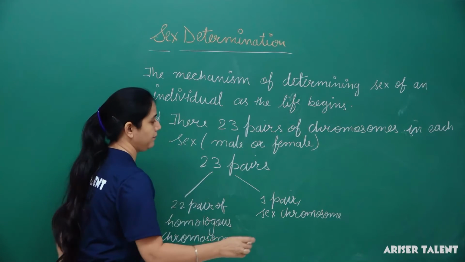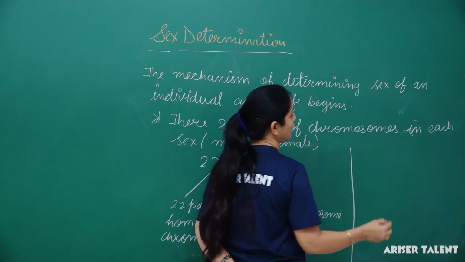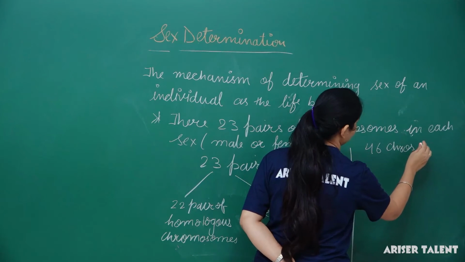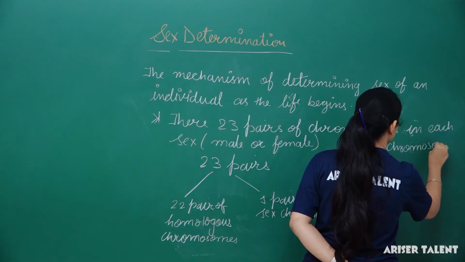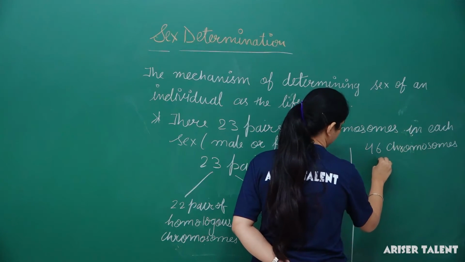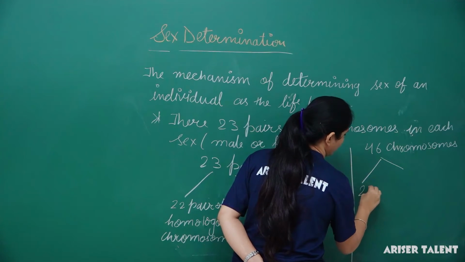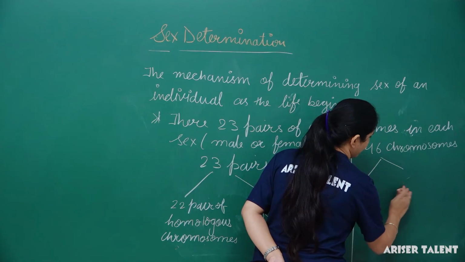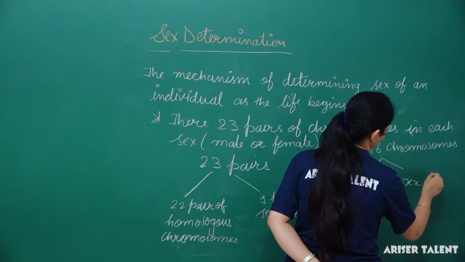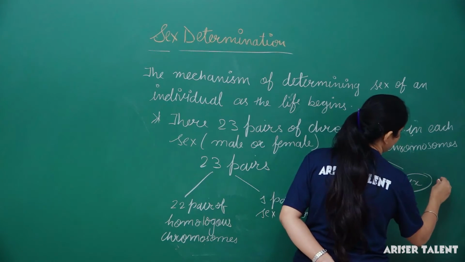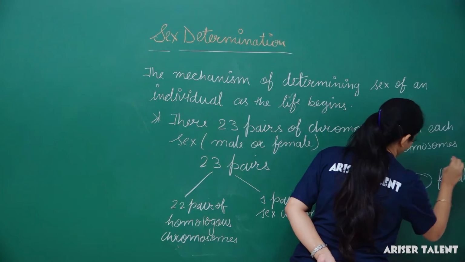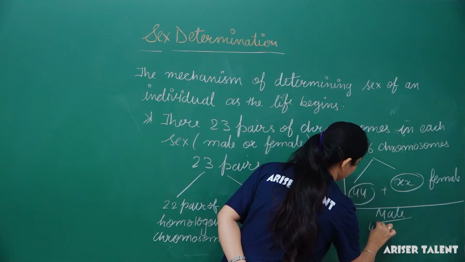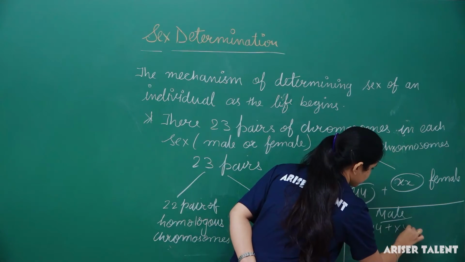Let me define it. 23 pairs means 46 chromosomes. Out of 46, in the female it will be 44 plus XX. If we talk about male, then the chromosomes will be 44 plus XY.